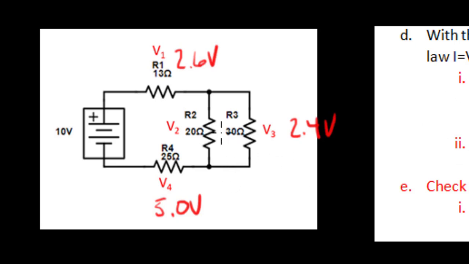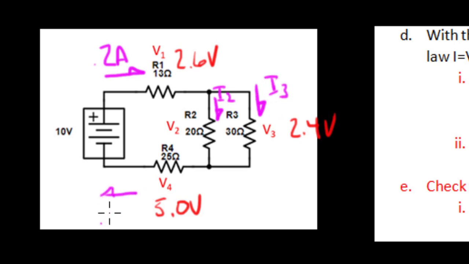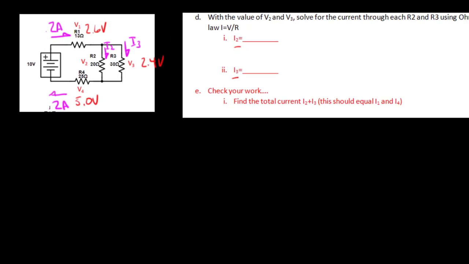Now there's a couple things going on here. We said that we've got a total current running through this circuit of 200 milliamps, or 0.2 amps, right here. That's going to split off into I2 and also into I3. It's going to recombine back into that 0.2 amps in the bottom of the circuit.